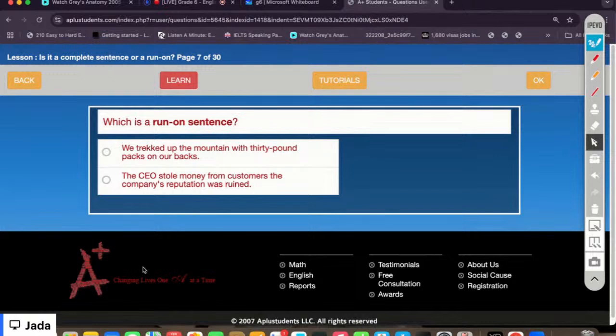So the first one is a complete sentence, but the second one is the run-on.